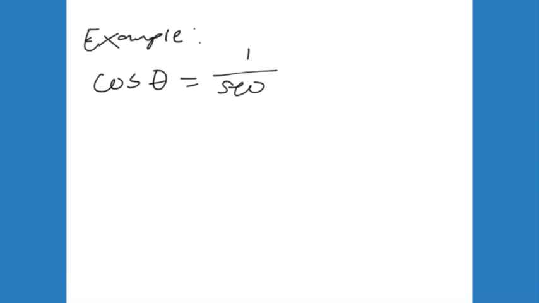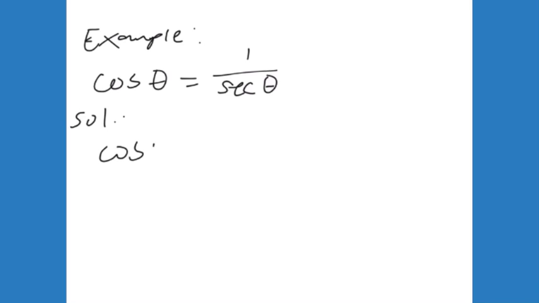Another example, establish the identity of cosine theta is equal to 1 over secant theta. So solution, cosine theta is equal to 1 over secant theta is the given.